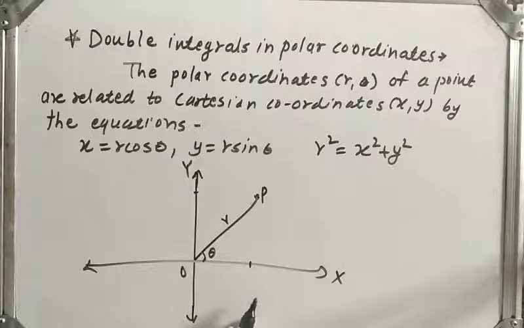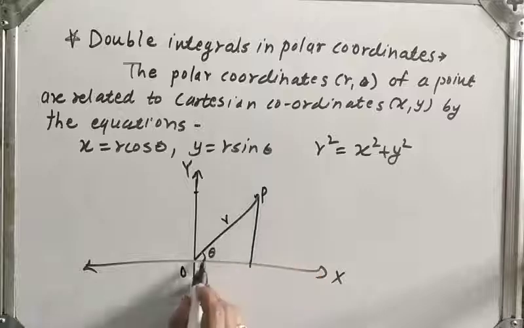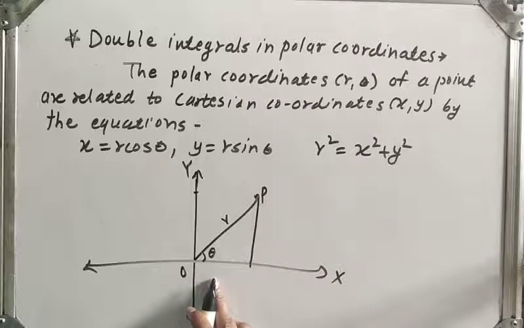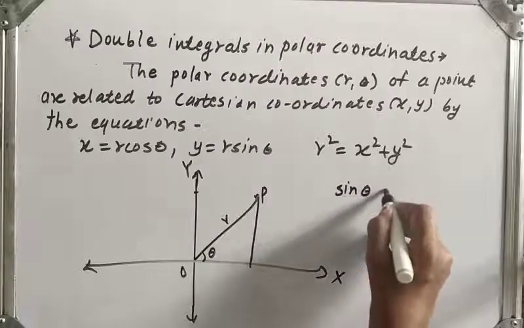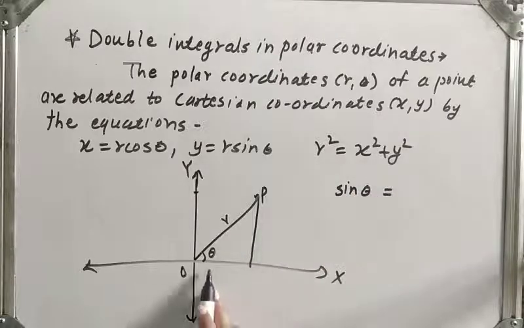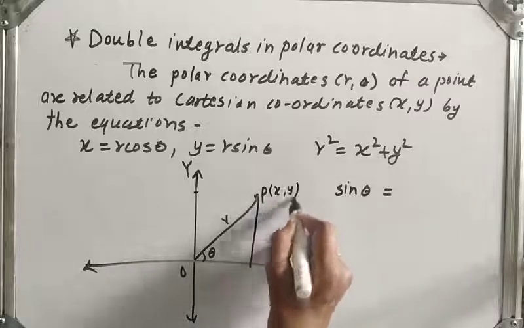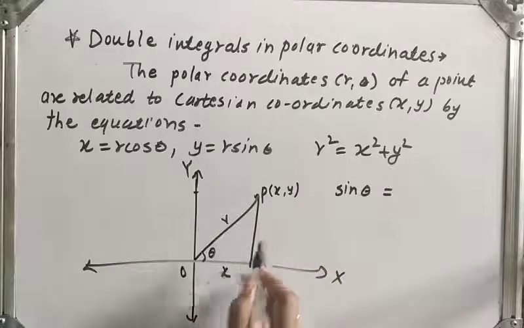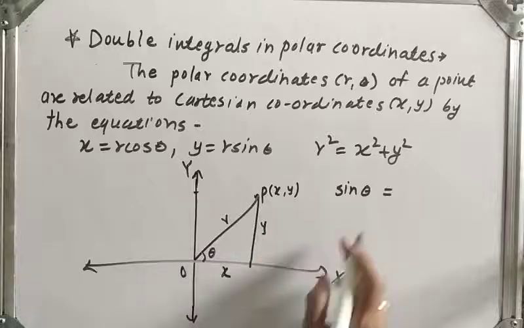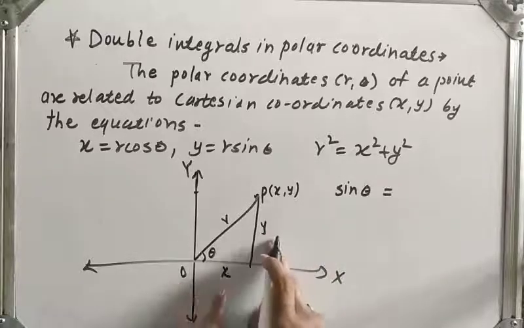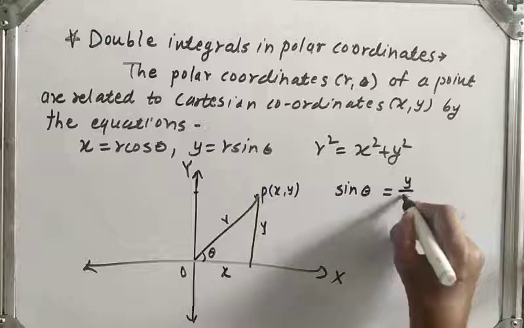If this is P(x, y), then this distance is x, this distance is y. So sin theta will be y upon r.